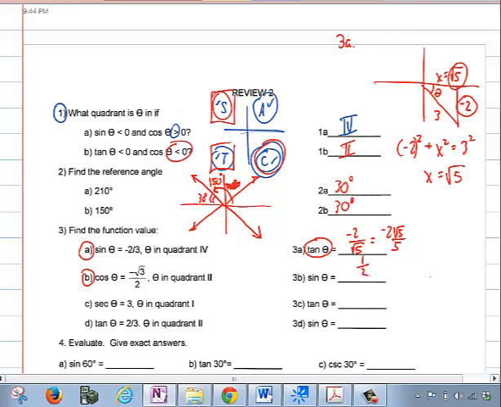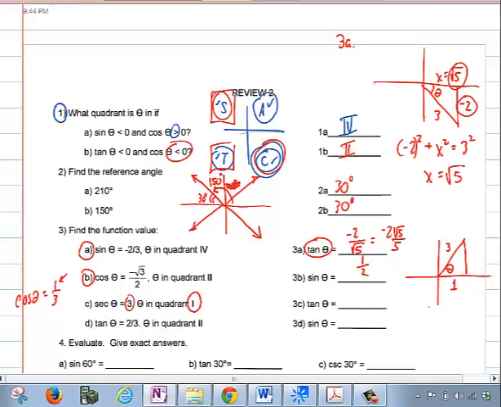On part C, this is one worth doing, because they say the secant is equal to 3. And you're in quadrant 1. So if you're in quadrant 1, you draw what the angle would be. They said the secant ratio is equal to 3, so you'd write the cosine ratio is equal to 1 over 3. The 1 is the adjacent side, so that'd be 1.